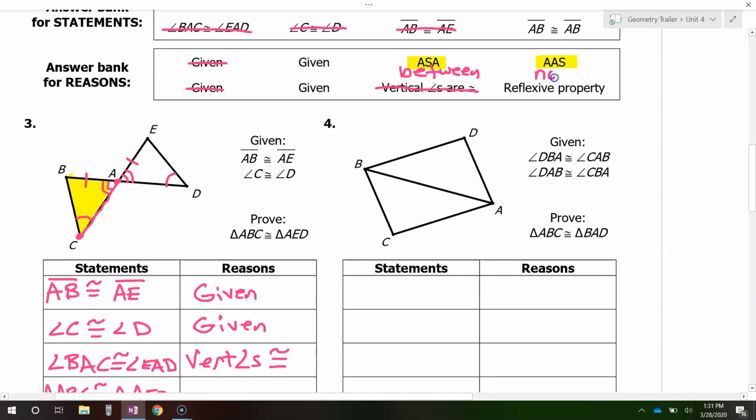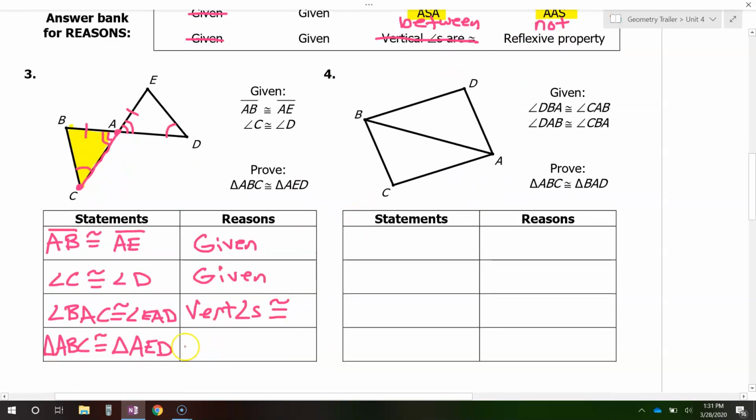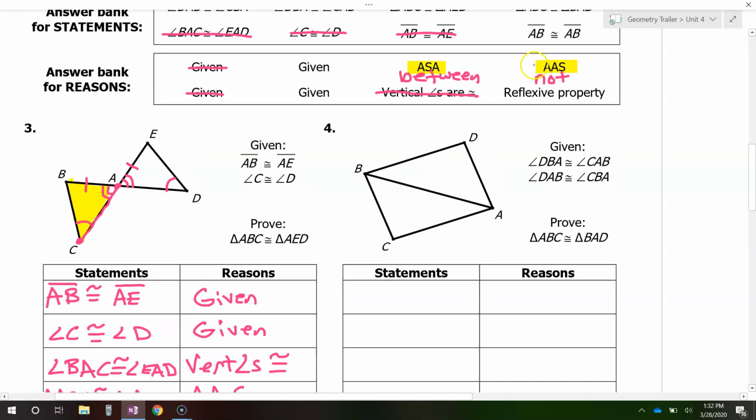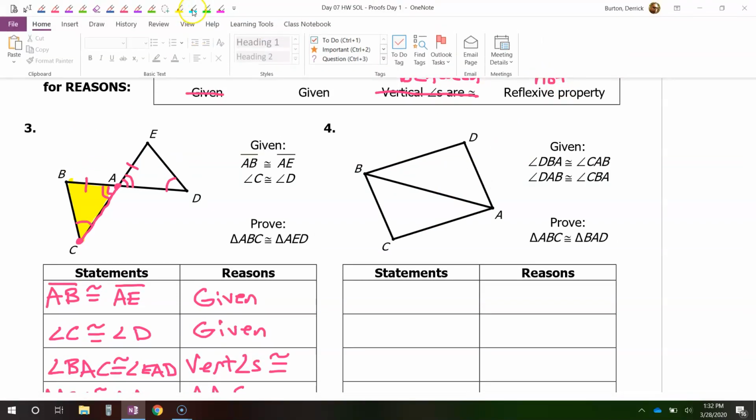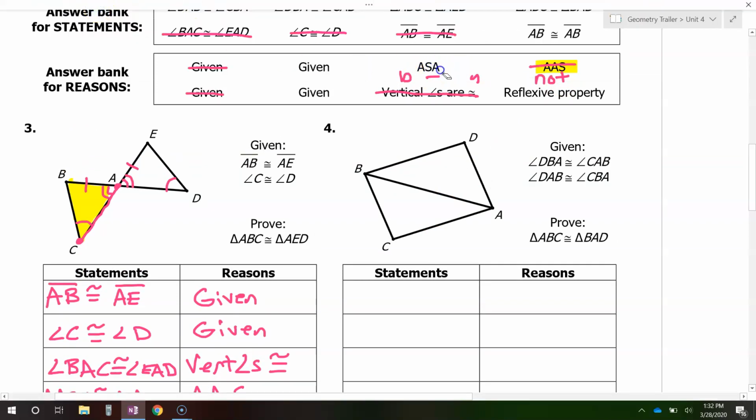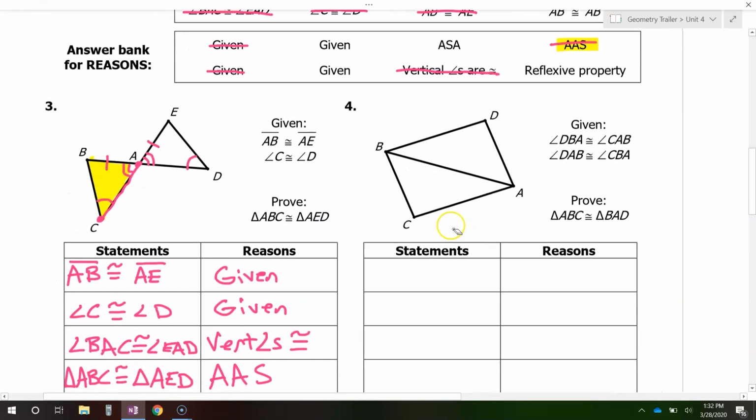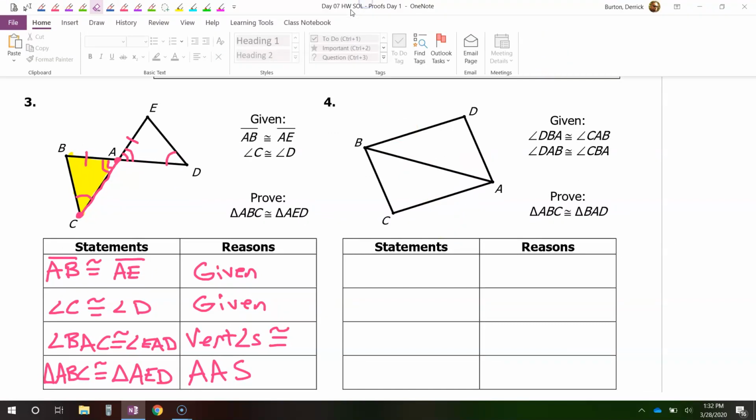So when it's not between, then that's going to be angle, angle, side. So that will be our reason. Angle, angle, side. All right, so we can go ahead and cross that out. All right, so that one is done.